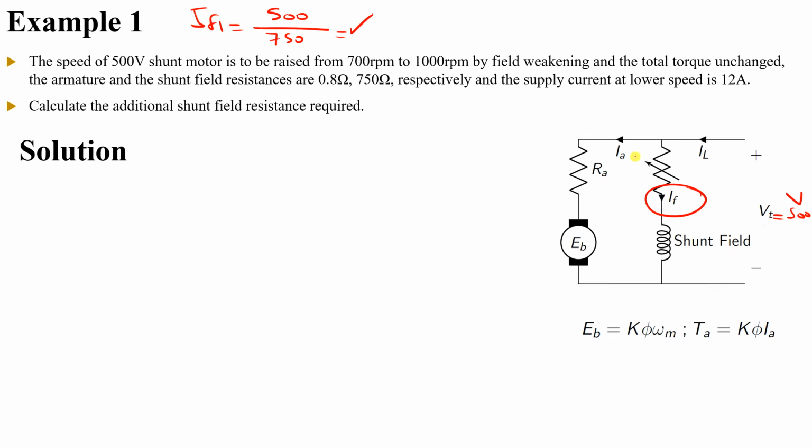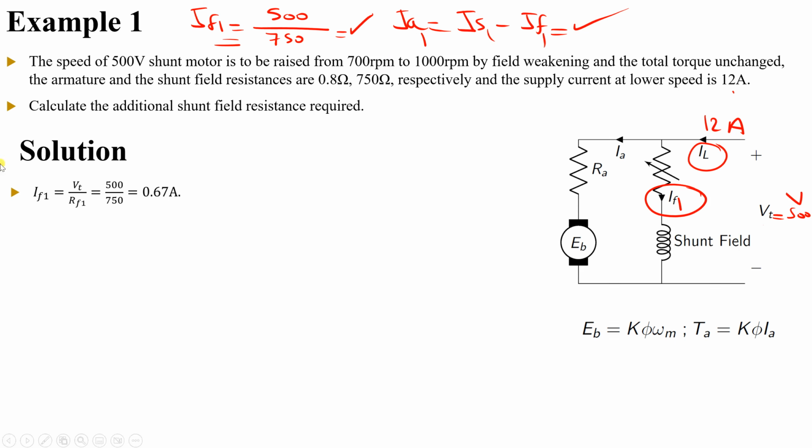I can get it because we have supply current 12 ampere and we have I field 1. So I armature 1 will be I supply minus I field. So I field 1 equals V terminal over RF1 equals 500 over 750, which is 0.67, and the armature current equals the subtraction, 11.33.